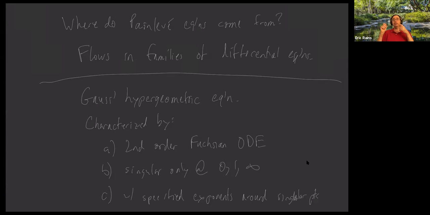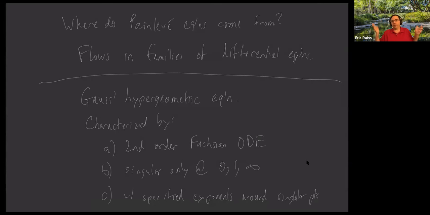There's a big solution that gives you the dominant asymptotic behavior. Because this is a Fuchsian equation, the dominant behavior is going to be some power of z as we approach 0. But then there's another solution which has a different asymptotic, a different power of z. When I talk about the exponents, I mean those 2 powers of z.